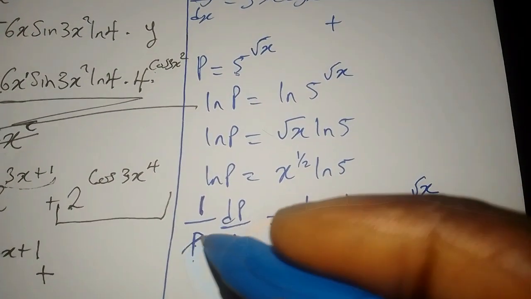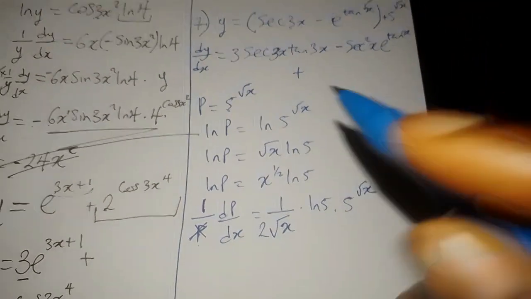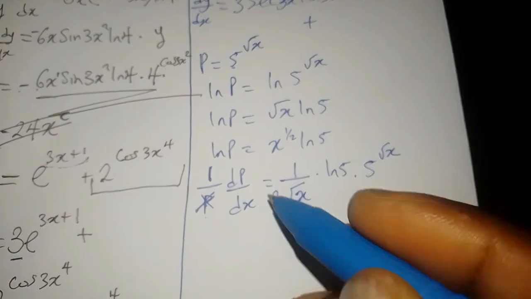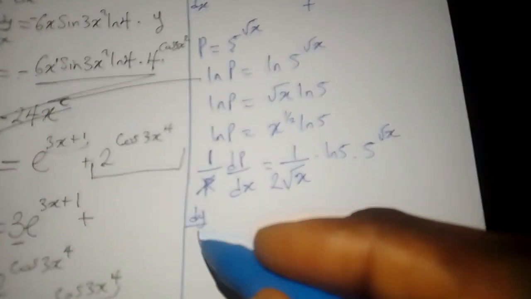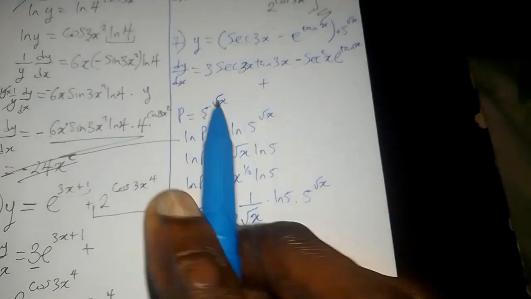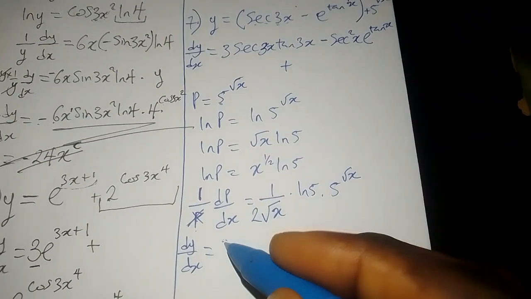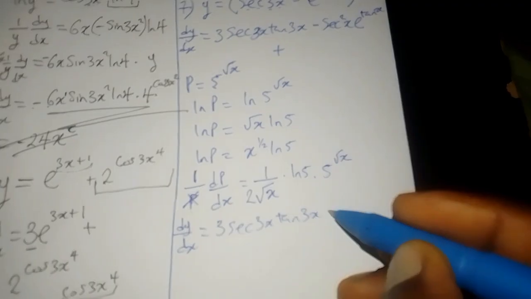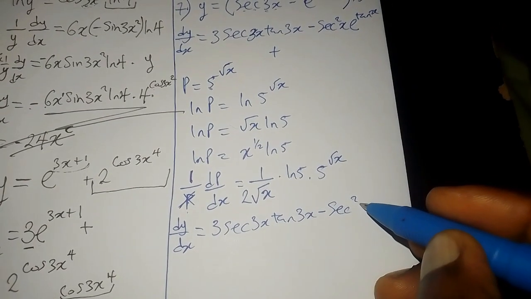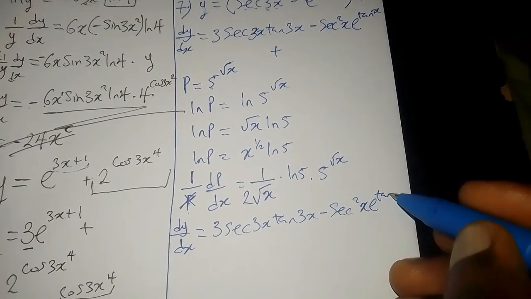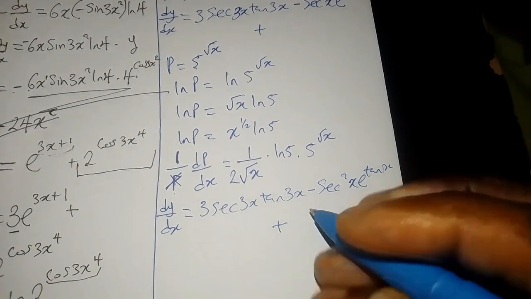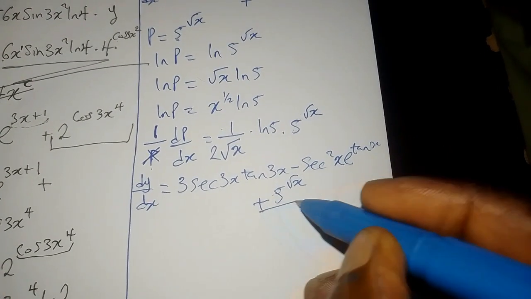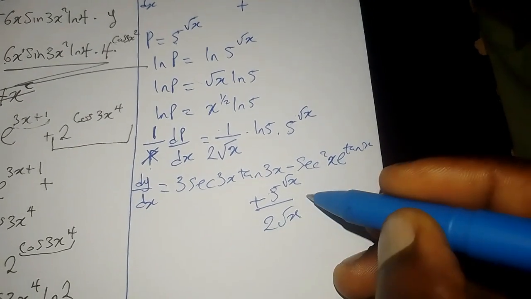So dy dx is then equal to 3 sec 3x tan 3x minus sec square x exponential tan x plus 5 raised to power square root of x divided by 2 root x multiplied by ln 5, and that's the end of this differential calculus.